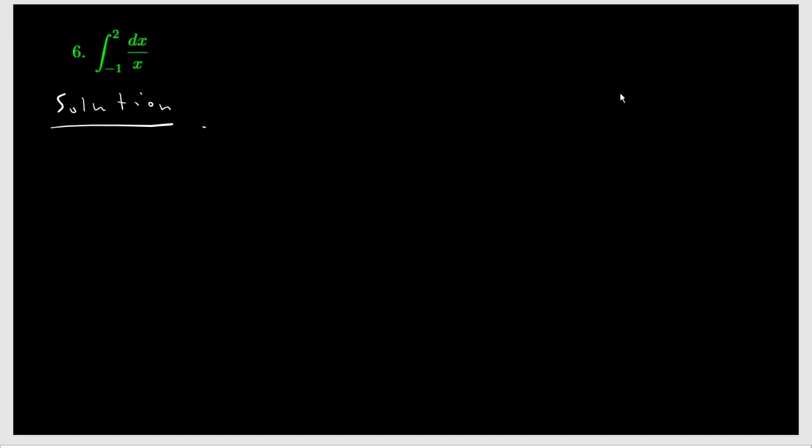So what we do is convert the integral to the sum of two integrals, one from -1 to 0, and the other from 0 to 2. The function is undefined at 0, so you have no other choice. It's not the midpoint, but you have to choose the point 0 in between -1 and 2.